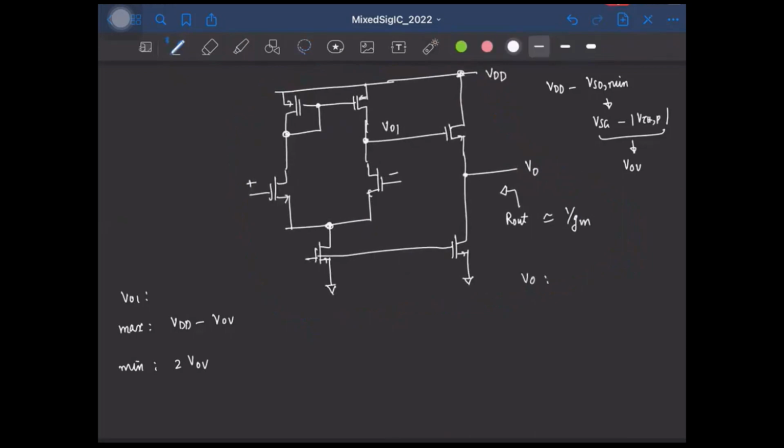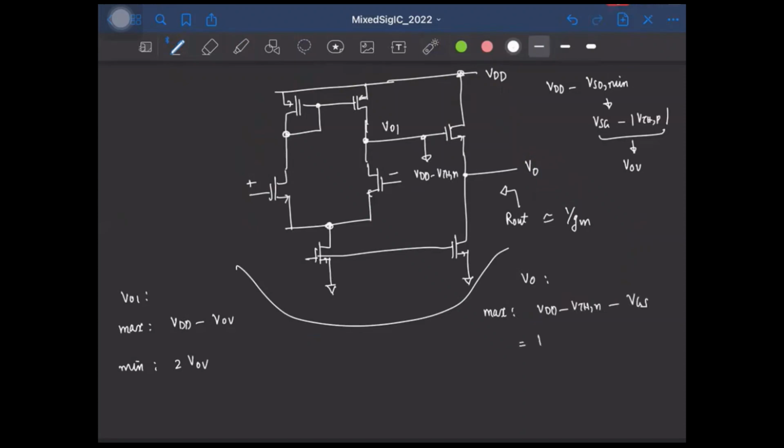So for V0, what do we have? What is the maximum voltage V0 can take? Well, notice that the drain of this transistor is at VDD. So the gate at max can go to a maximum of VDD minus the threshold voltage, right? So which means the output V0 will be VDD minus VTHN minus 1 gate to source voltage, right?